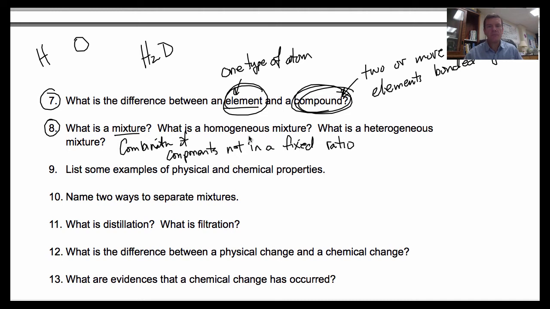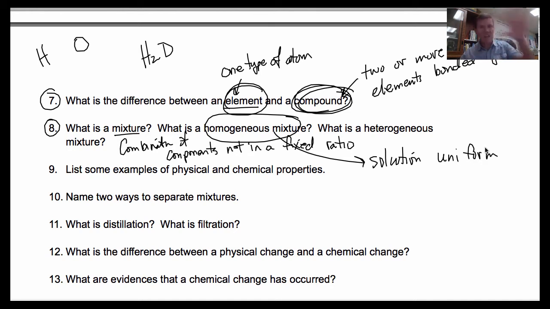A homogeneous mixture, that is also called a solution, is uniform. What does that mean? It is the same all throughout. Same kind of uniform mixture all throughout. An example would be salt water.